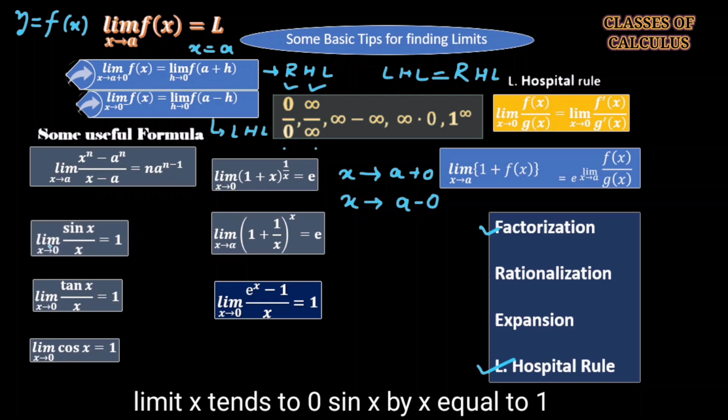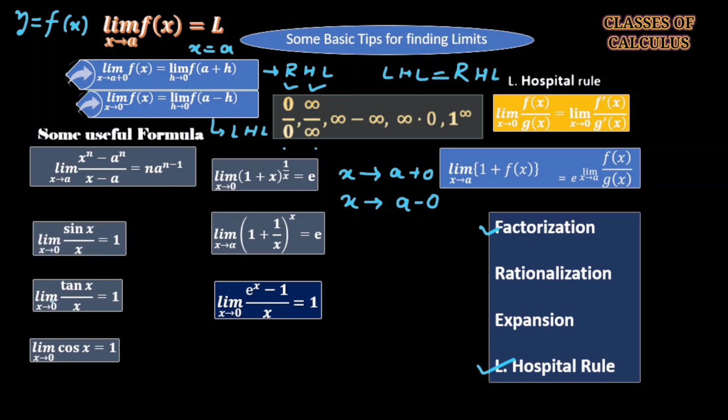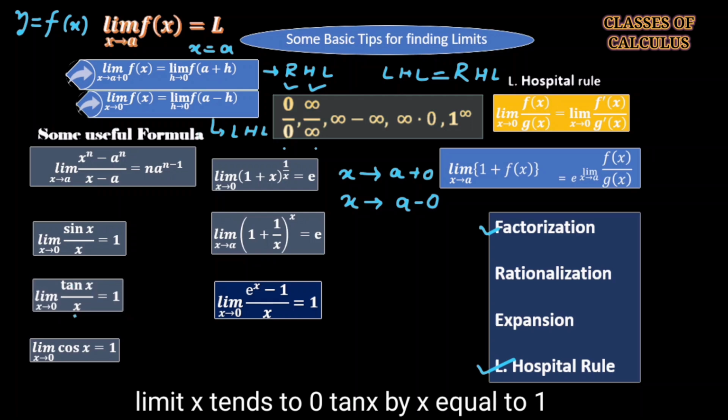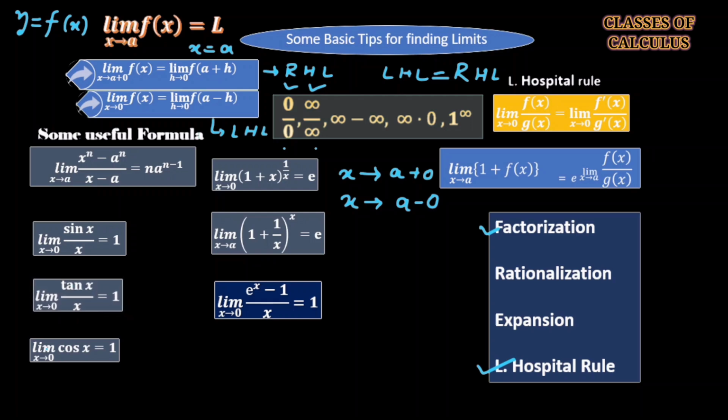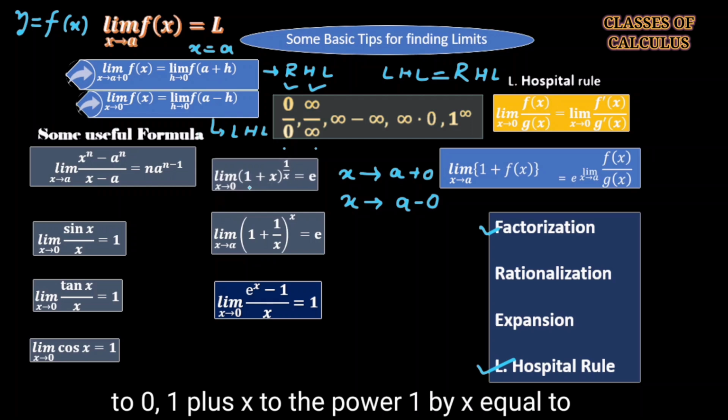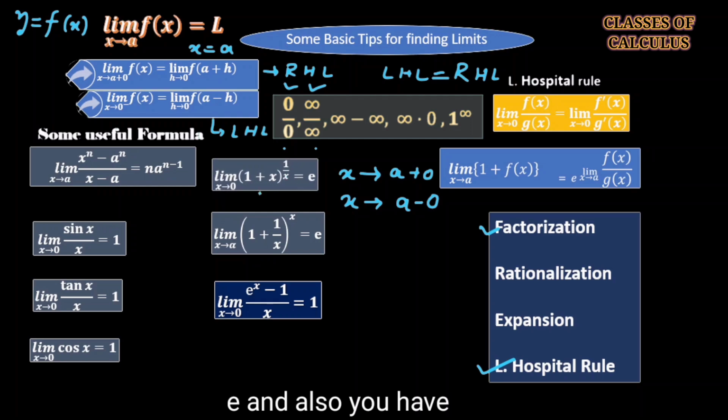Another one is limit x tends to 0 sin x by x equal to 1. Limit x tends to 0 tan x by x equal to 1. Limit x tends to 0 cos x equal to 1. Limit x tends to 0 (1 plus x) to the power 1 by x equal to e.